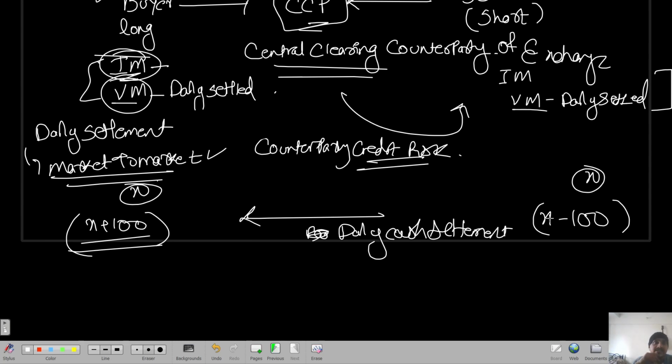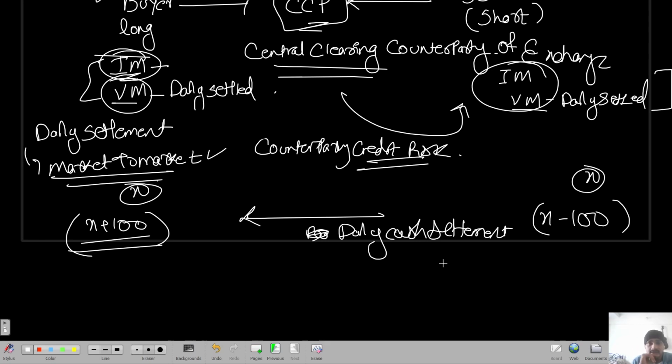The exchange or the central counterparty uses the margin that were provided by both parties in order to do the daily cash settlement. So if there were huge movements, for example, a futures contract moved heavily to a buyer, and there wasn't enough cash in the seller's account, the exchange would send a margin call.